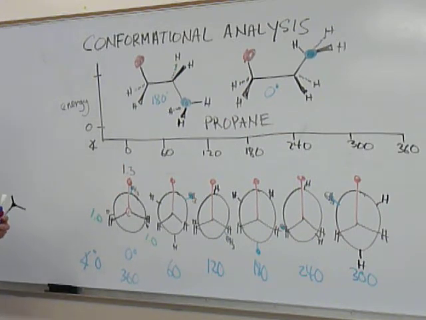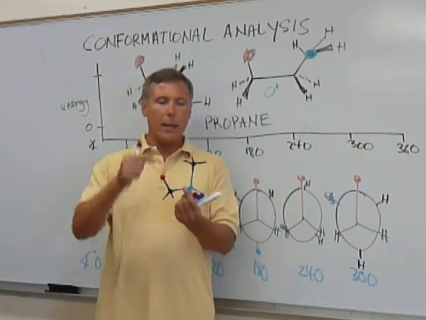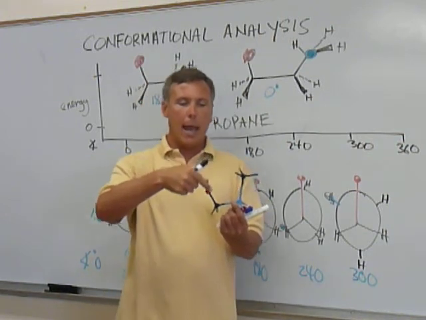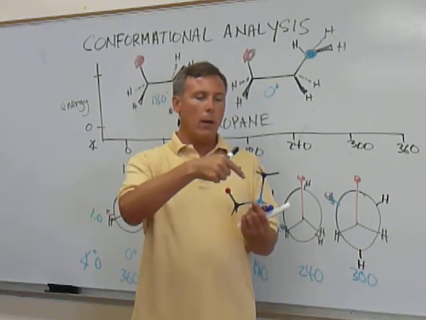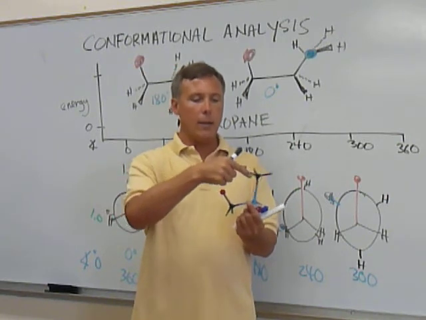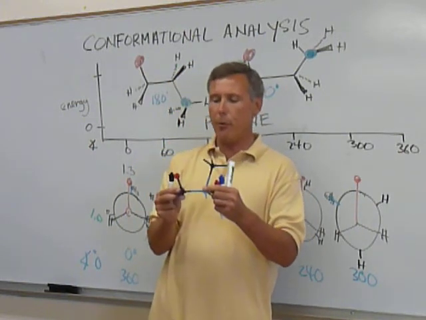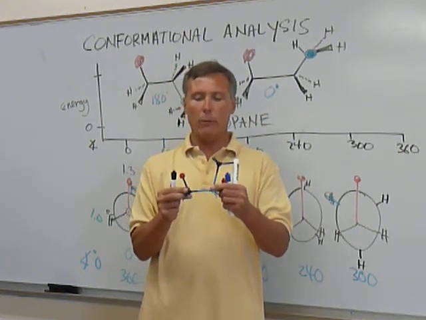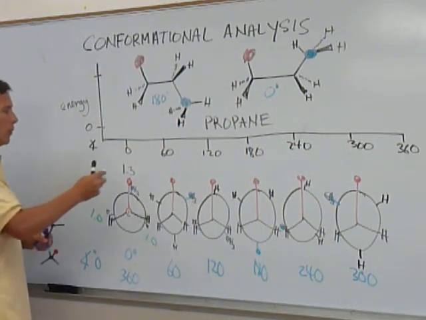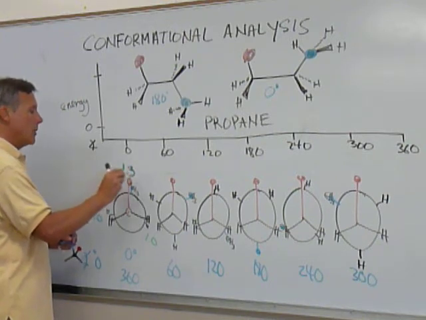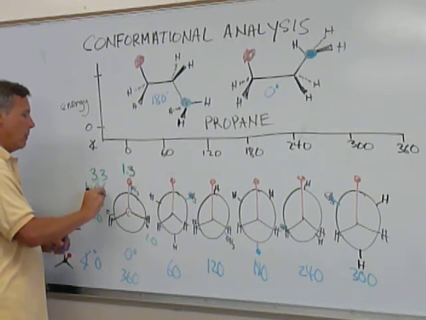So by adding a CH3 to our ethane homolog to make propane, a CH3 adds an additional 0.3 kcals per mole of eclipsing strain that adds to the overall torsional strain of the conformer with a dihedral angle of 0 in propane. So we can see that in this conformer, the total torsional strain has a value of 3.3 kcals per mole.